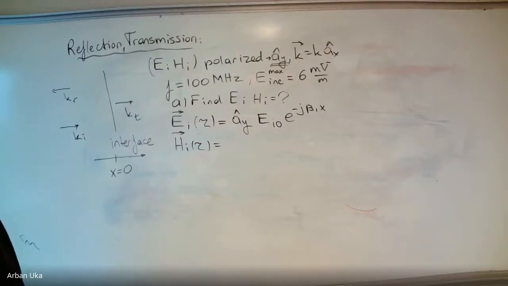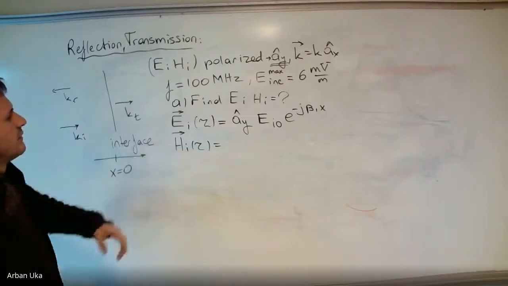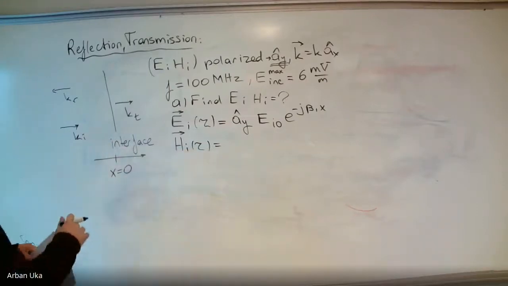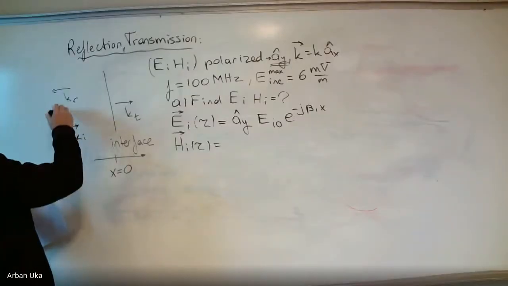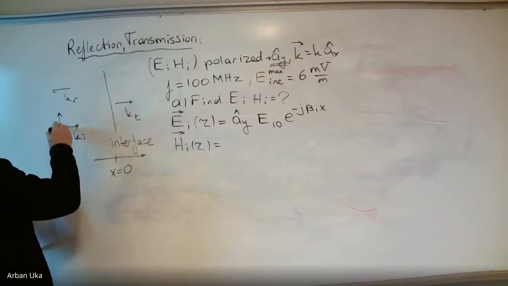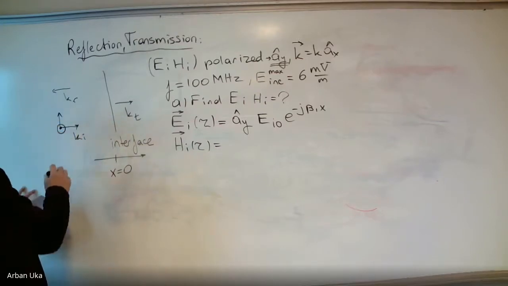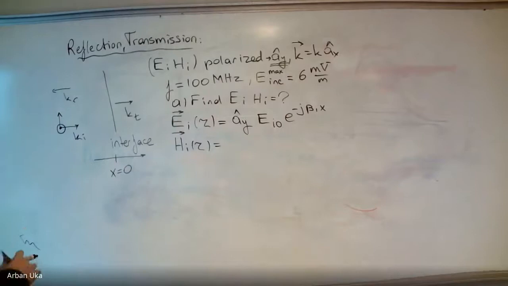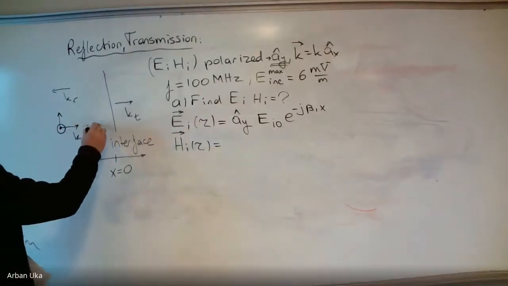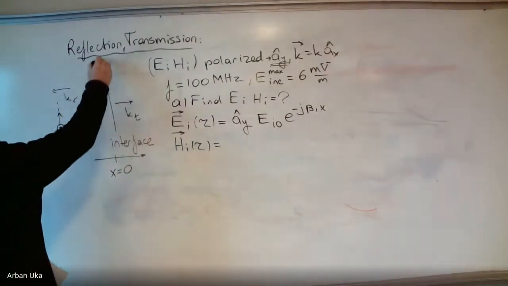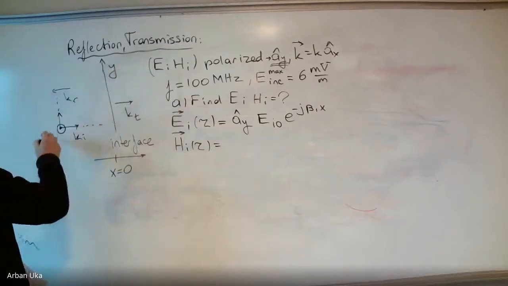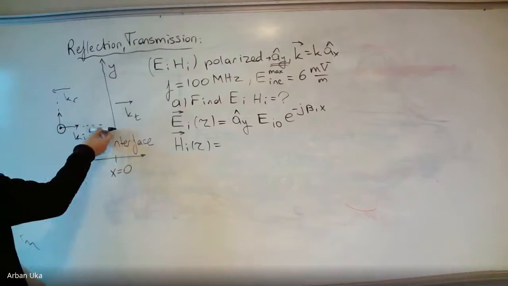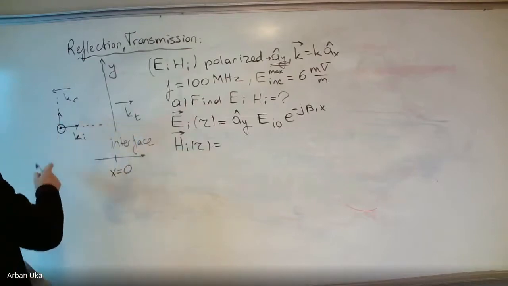First, we need to determine what is the direction of HI. So the wave is traveling along the x axis, the electric field is pointing along the y-axis, and the magnetic field is pointing out of the board. Because this is x, this would be y, and z is the cross product of x with y, so we get this direction.